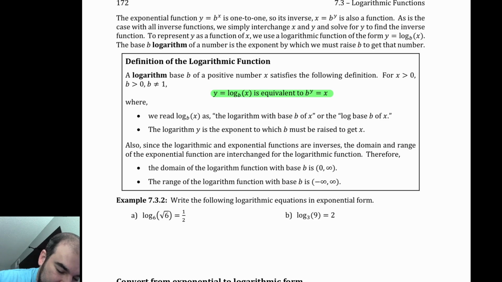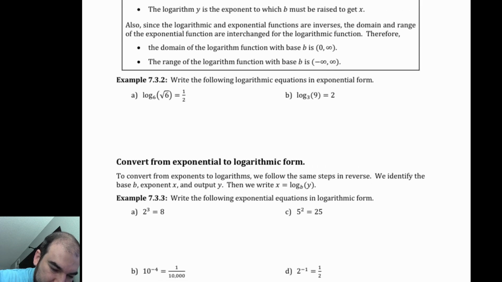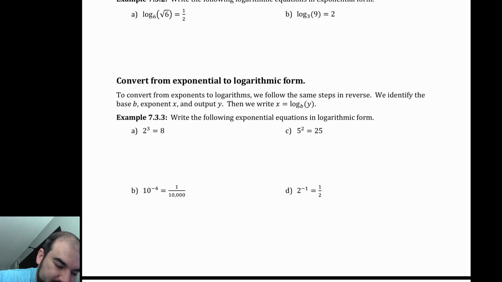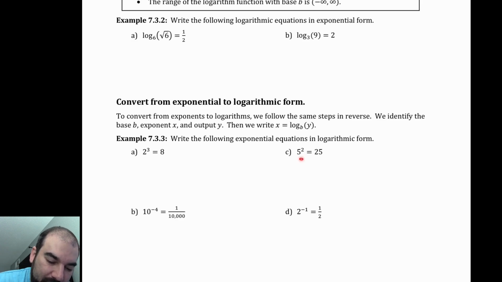So if we had something like this and we wanted the 2 to be alone on one side equal to something, then the way we do that is we move this 5, because it's the base of an exponential expression, to the other side as a log base. So when this 5 shifts over to the other side, it shifts over as log base 5 of 25.